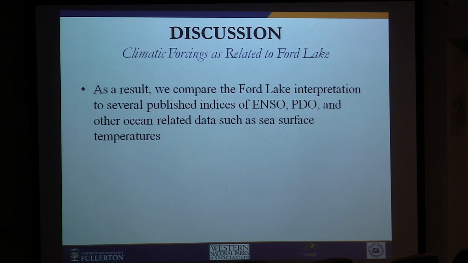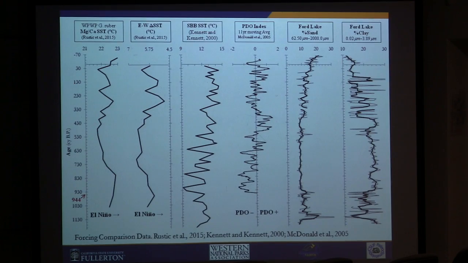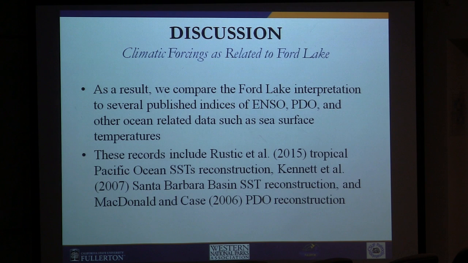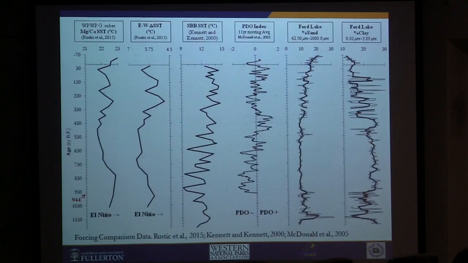As a result, we compare the Ford Lake interpretation to several published indices of ENSO, PDO, and other ocean-related data, such as sea surface temperatures. These records include tropical Pacific Ocean sea surface temperatures, Santa Barbara Basin sea surface temperatures, and PDO reconstruction.